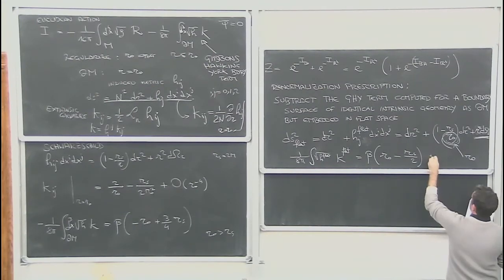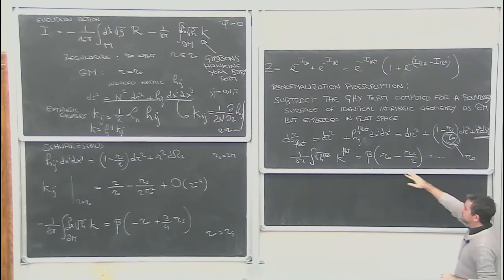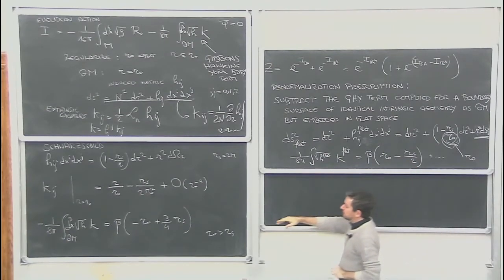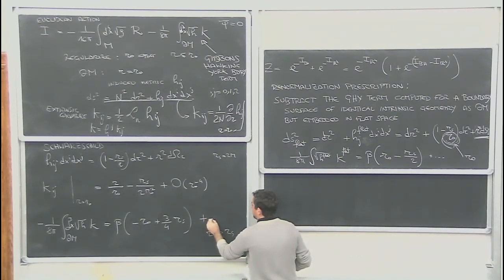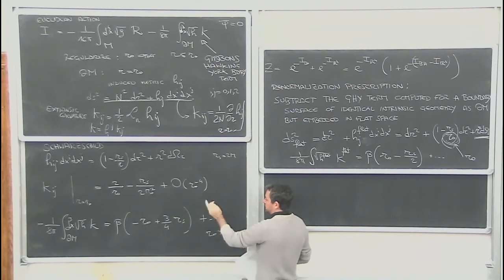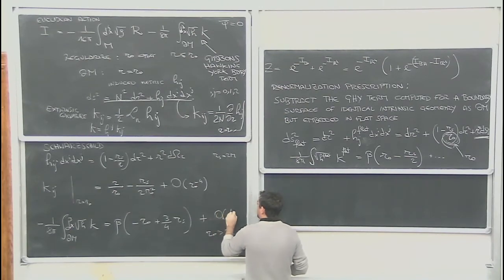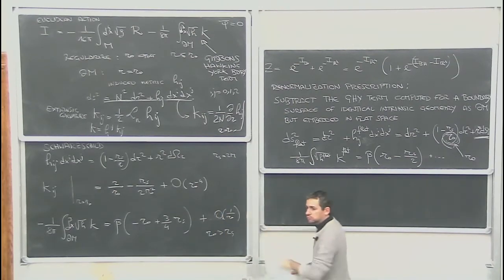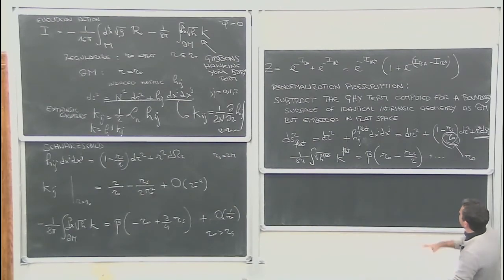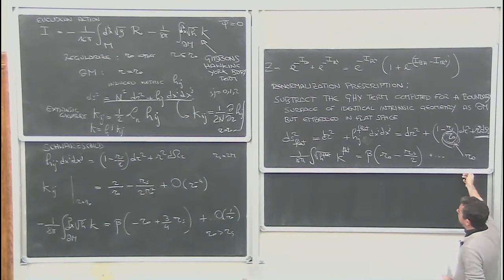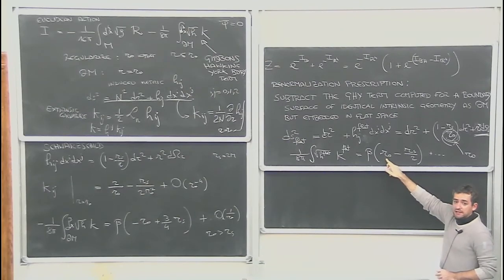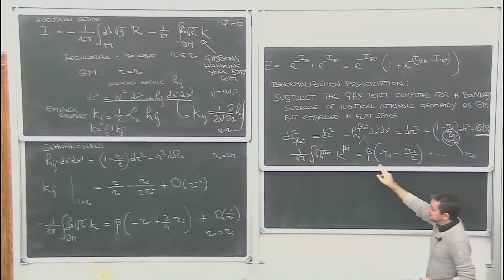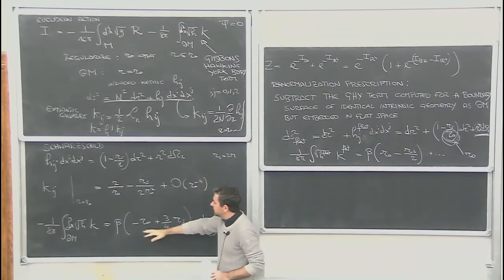And then I have other terms that go away when I send the cutoff to infinity. Like here, I would have other terms, plus O of 1 over r0 or something like that, that are completely irrelevant. So now we have obtained the leading order; the divergence is the same as here.